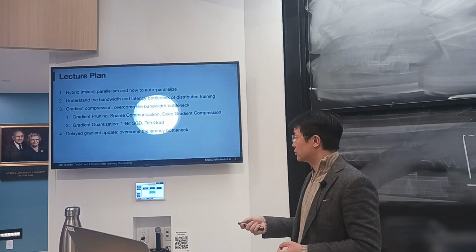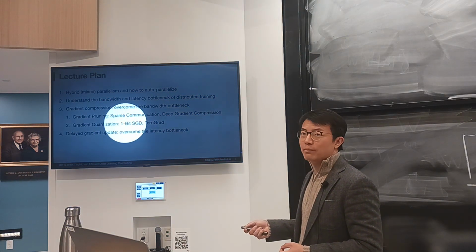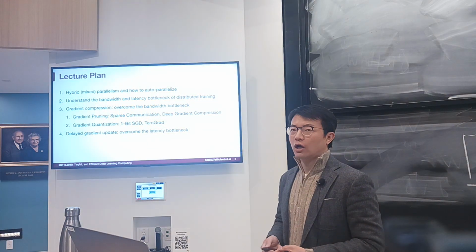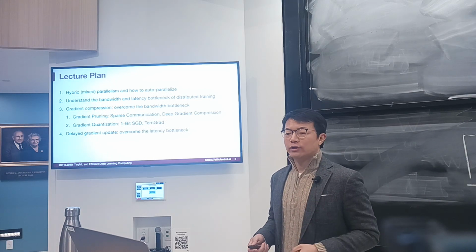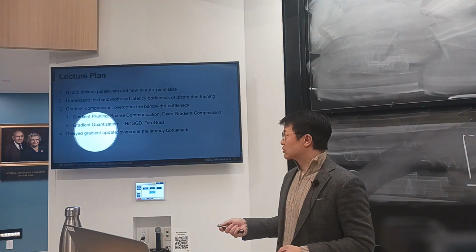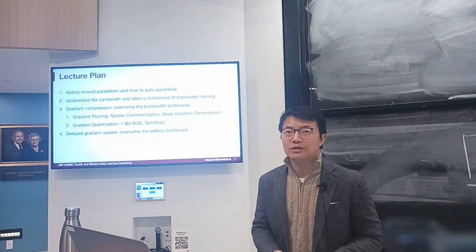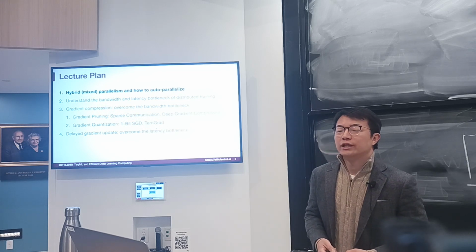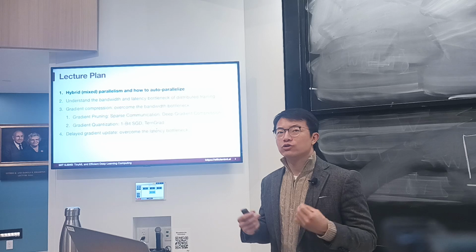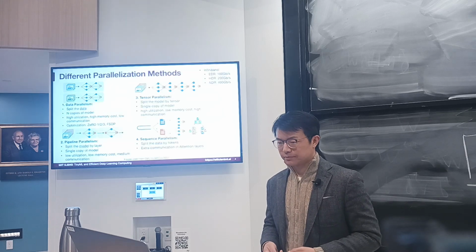And also how to perform gradient quantization, 1-bit SGD and ternary gradient. And finally, to overcome the latency bottleneck, we are going to talk about delayed gradient update. So let's first start with hybrid and mixed parallelism, and also how to auto-parallelize.